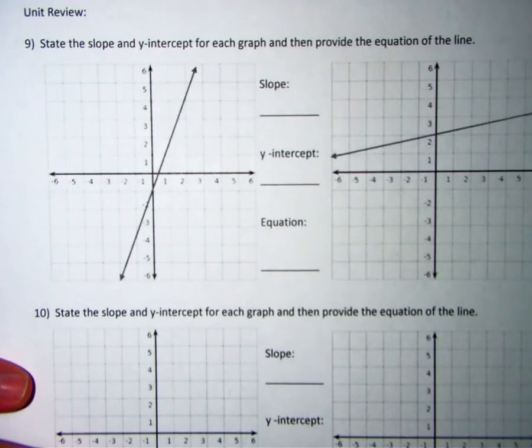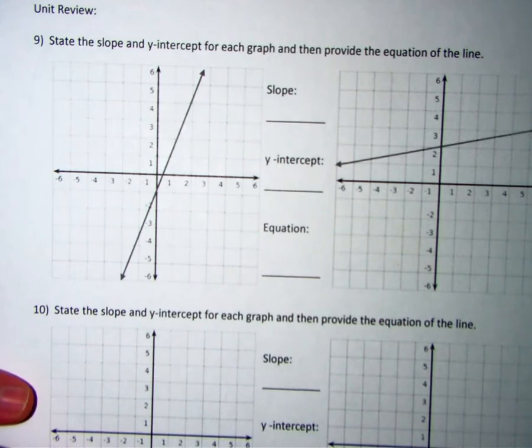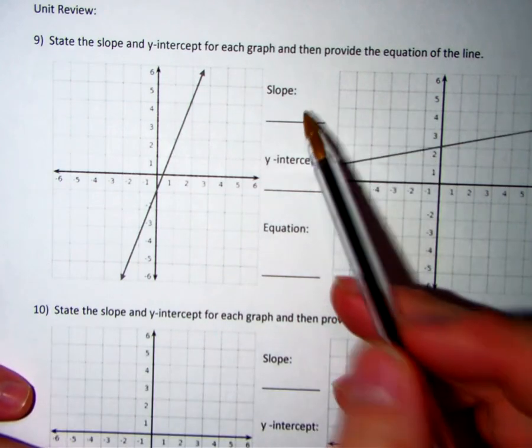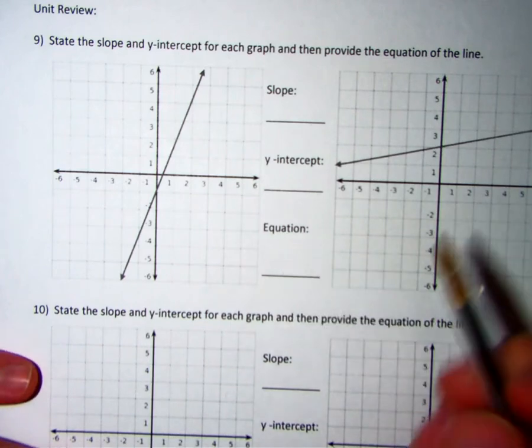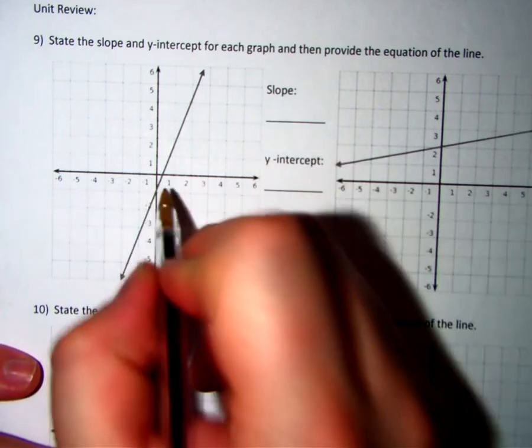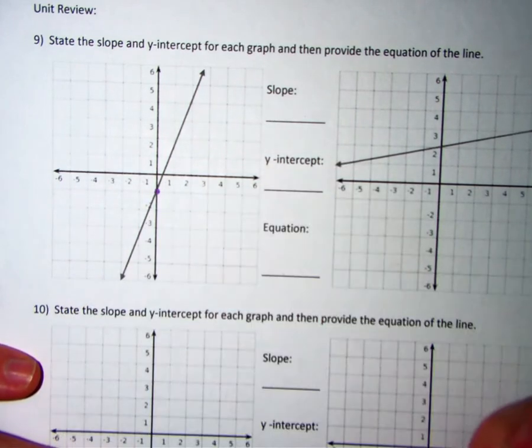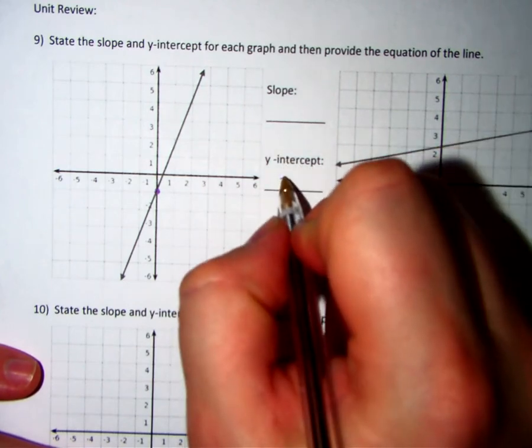On the back side, which was predominantly a review of material that we covered previous week, I just want to look real quickly at a couple of these problems. We are asked to identify the slope, the y-intercept, and the equation. I like to begin with the y-intercept because that's going to be a quick, easy thing for me to find.